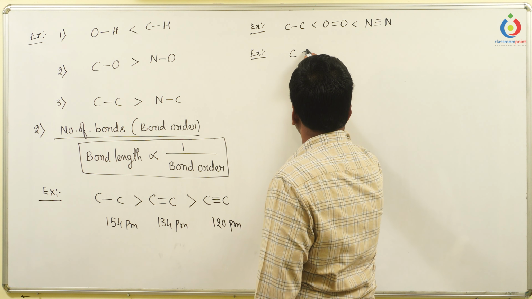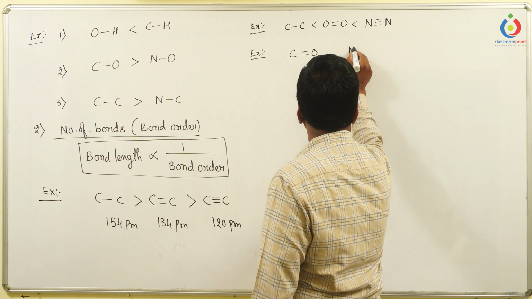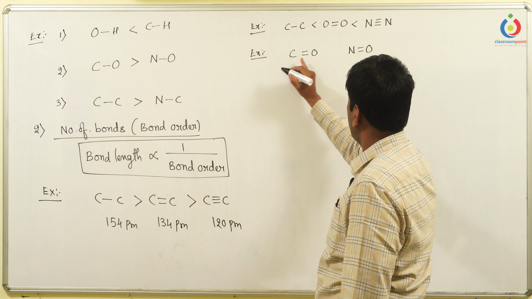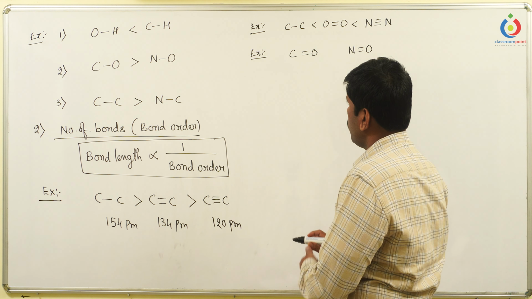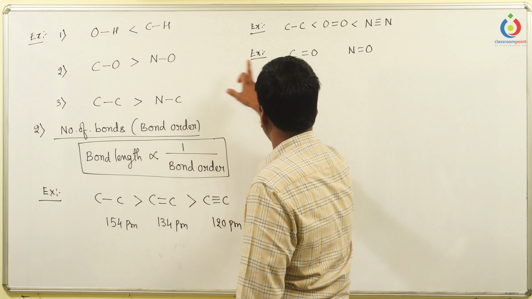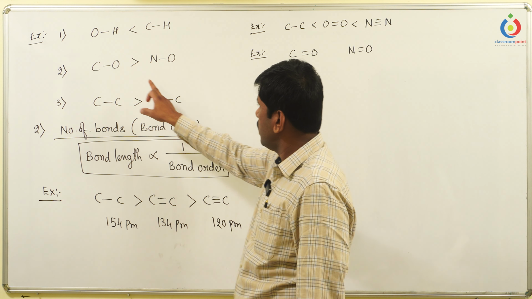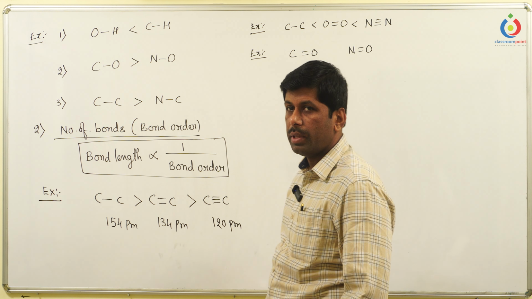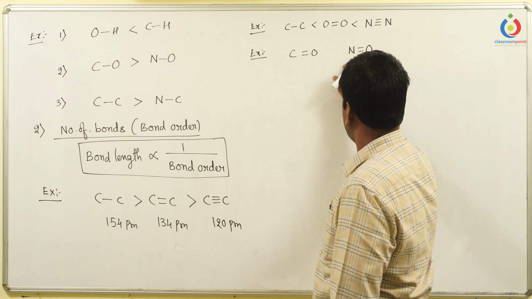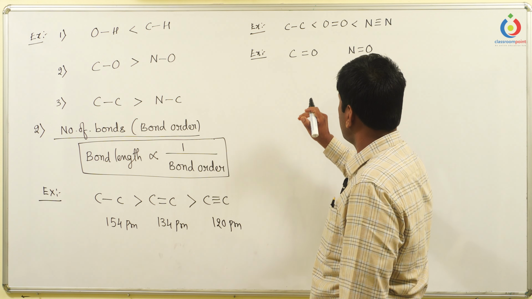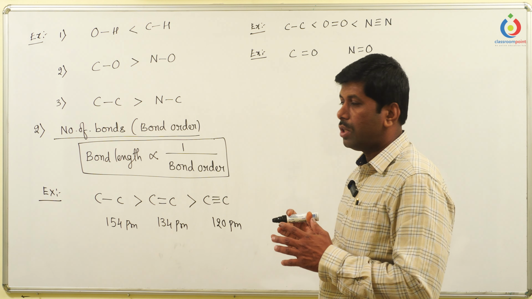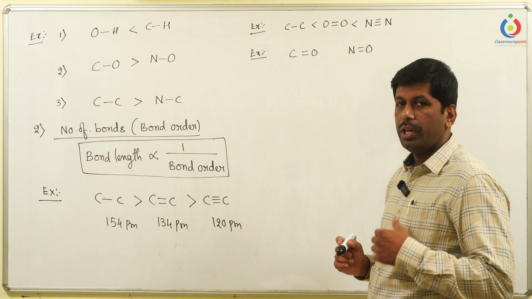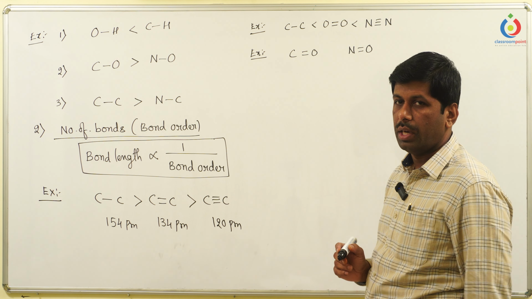Let us take another example, C=O and N=O. In the case of C=O and N=O, if you apply the similar concept here, that doesn't work. The reason is, here carbon and oxygen are connected by a double bond and nitrogen and oxygen are also connected by a double bond, so the atoms are much closer to each other. And moreover, whenever the atoms are closer to each other, we need to consider the presence of lone pairs of electrons also.